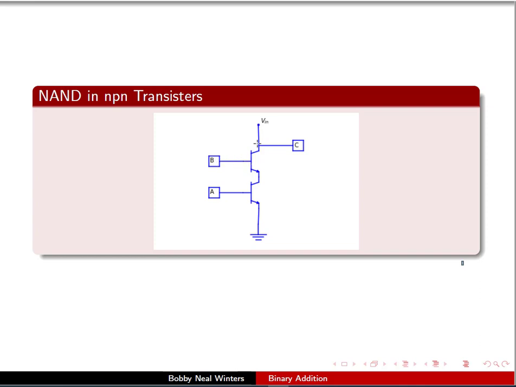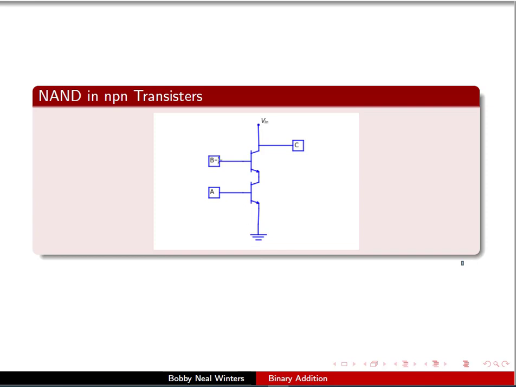So this is a circuit where I have a voltage in at the top, I have ground down at the bottom, and so the current would want to go to ground, but it depends upon whether the transistors are turned on or off. If both of these transistors are turned on, that is to say, if I have a current applied to both of them, then this current will go to ground out this way.